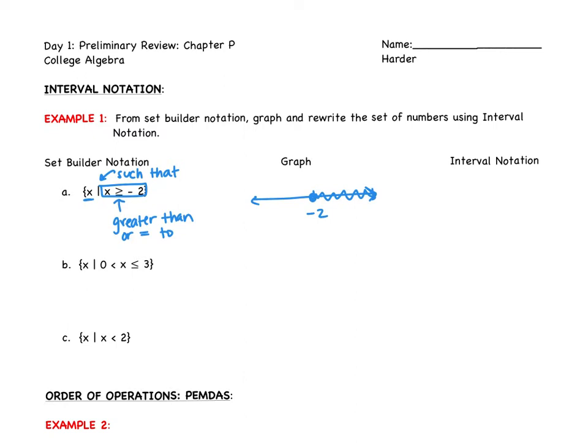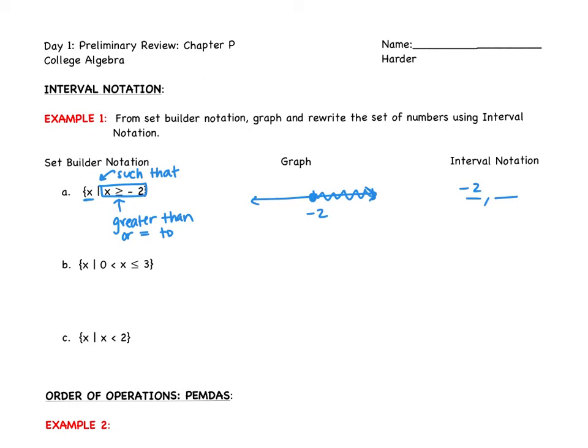Interval notation, so we're going to express the same information in interval notation. You're always going to have 2 values. This is the starting point and the ending point. So if we're looking at our shading, starting point, ending point, we start at -2. And we keep going.